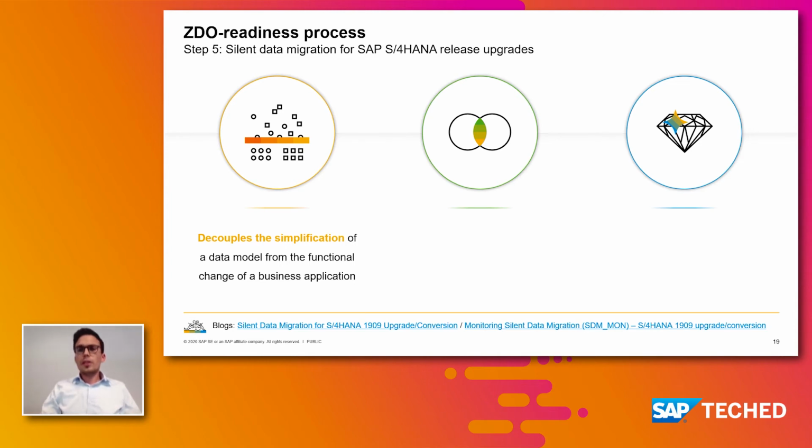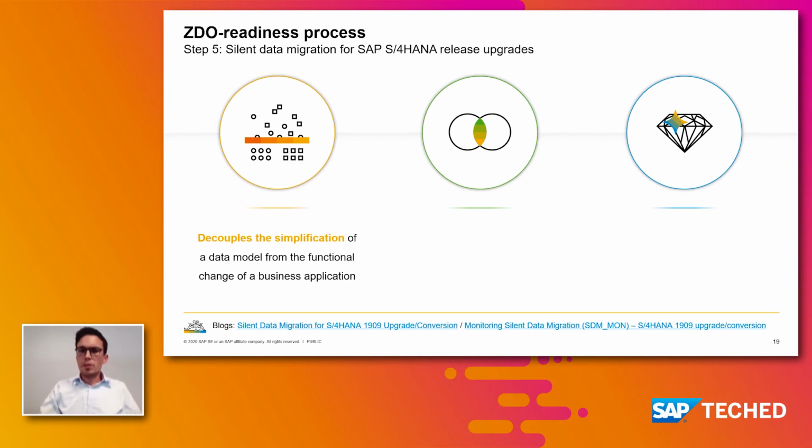Actually, they should be triggered automatically, but we have seen that for some customers, when they have not created the user automatically as part of the SUM procedure, those haven't been triggered. So please take a look at the blogs listed here in the SAP community, where a colleague from the COE team in North America has well described how the silent data migration works.